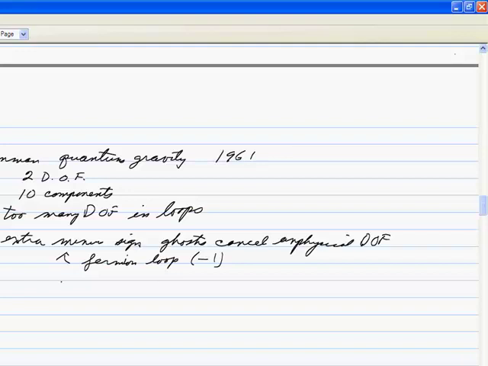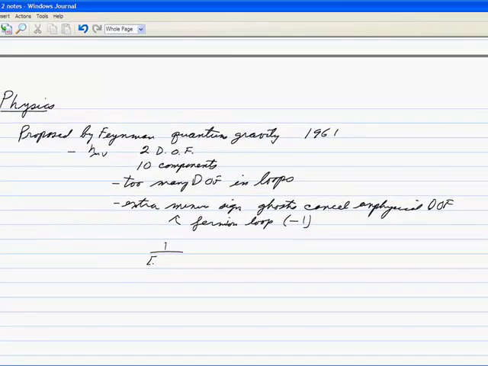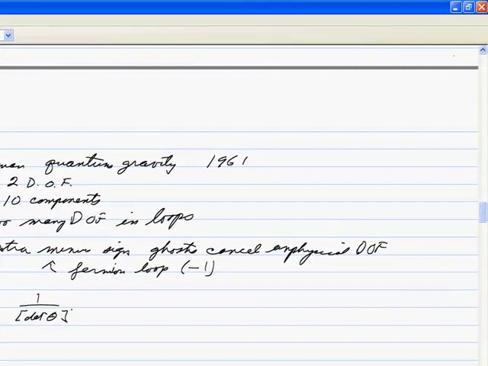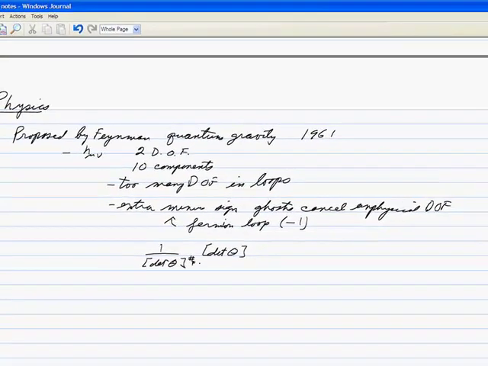There's actually another way to see this. The boson determinant goes like 1 over the determinant of some operator to some power. The fermion determinant goes upstairs, and so if you choose your stuff right, then there's a cancellation between the upstairs and the downstairs of some of the components. There's a lot of components, so this determinant gets raised to a large power.